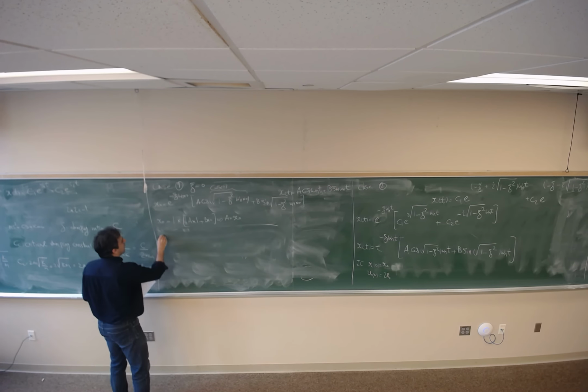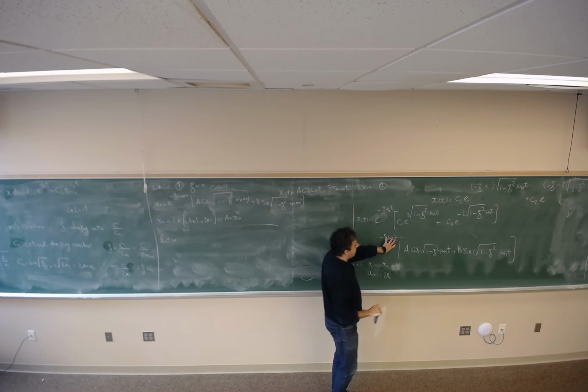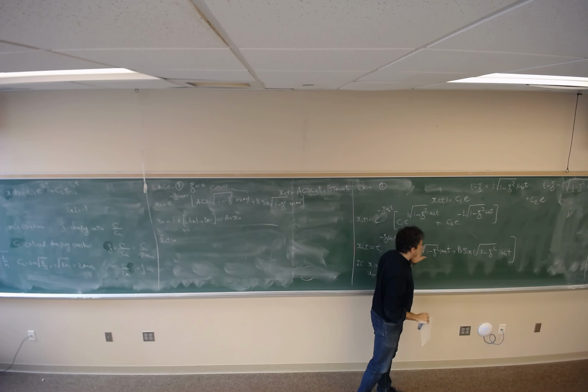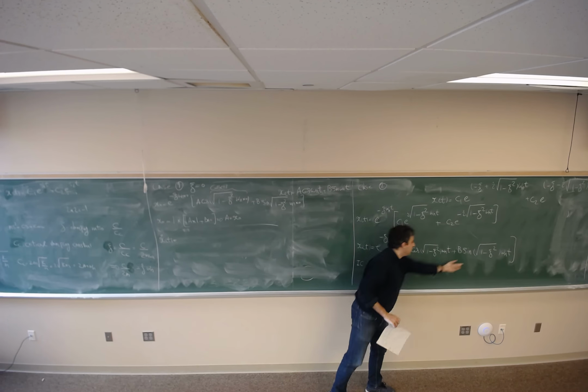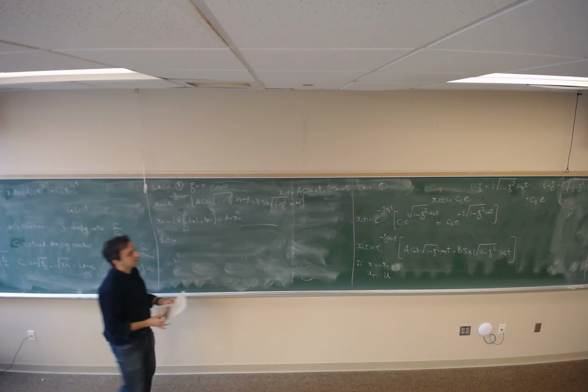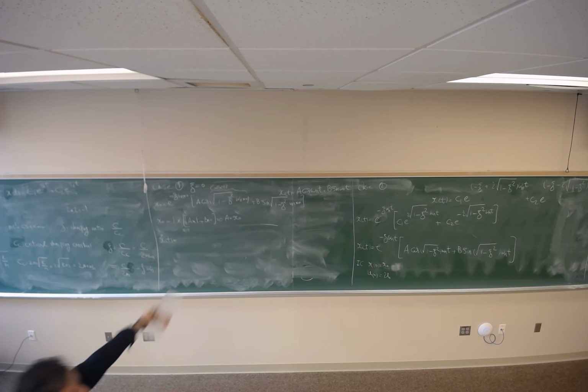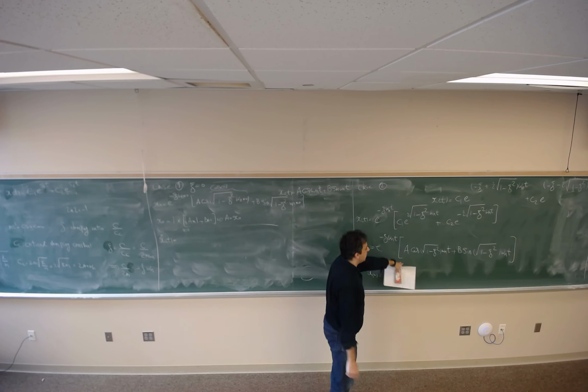So x dot of t would be derivative of this times this plus derivative of this times this. I can show the steps, but it takes time.